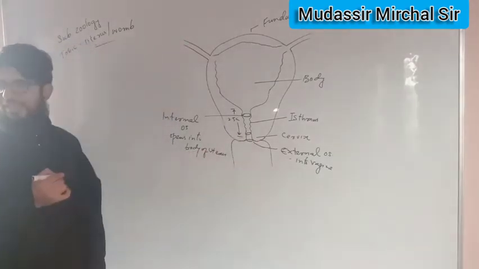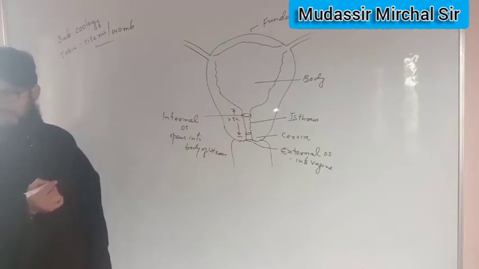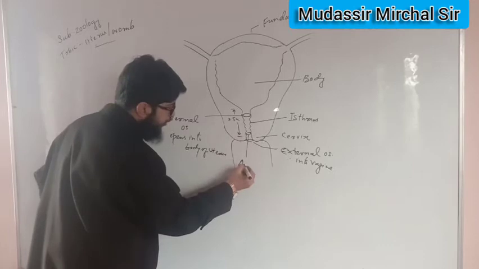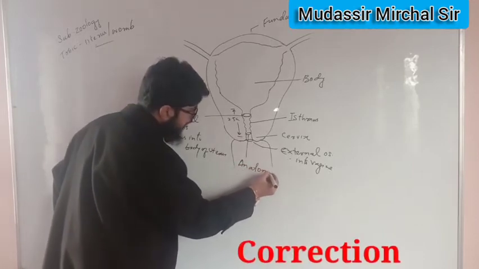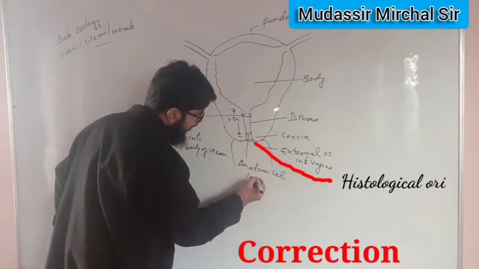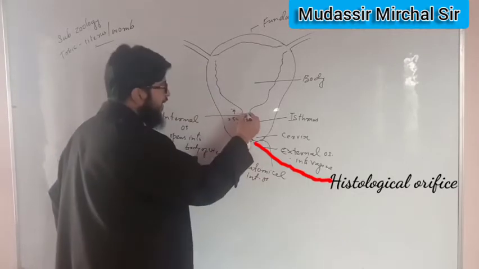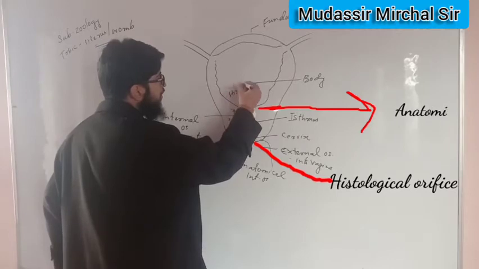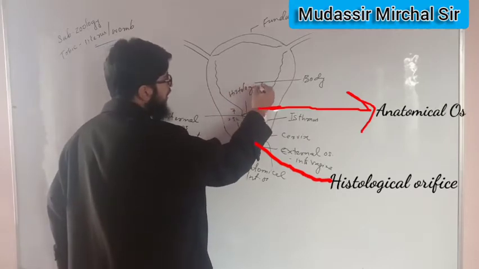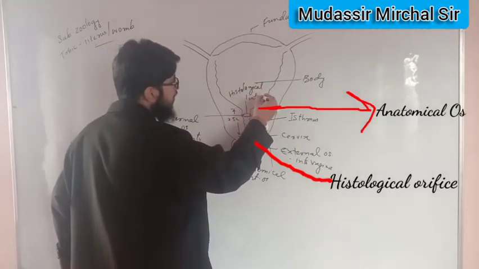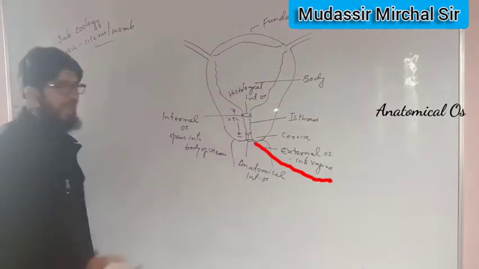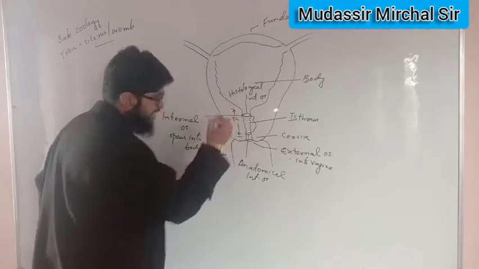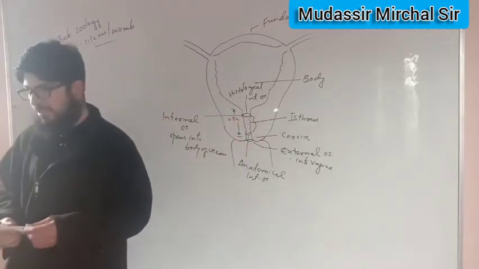One they call the anatomical internal os, and this one they call the histological internal os. And the distance between the two is what you call the isthmus. Now, is it clear what the isthmus is?